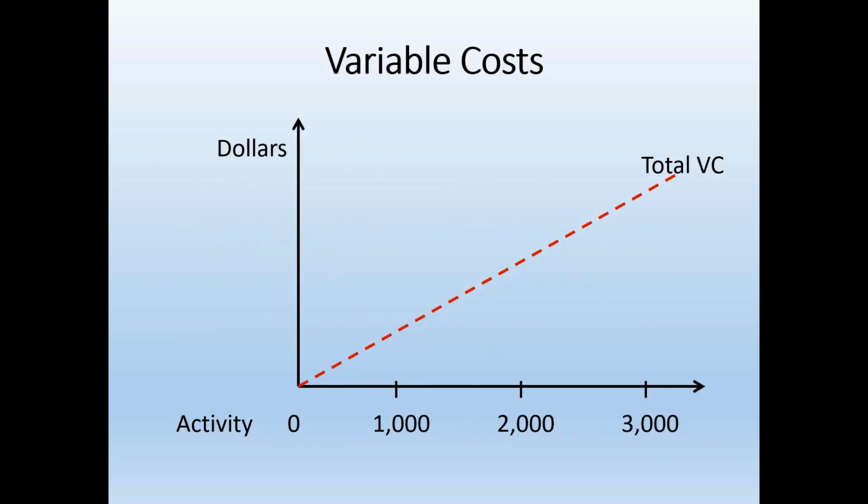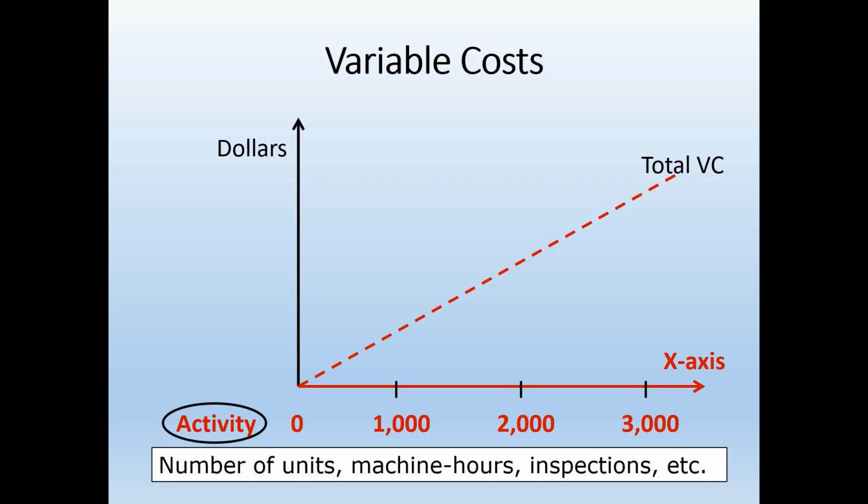Here's a graph of total variable costs at different levels of activity. The x-axis is always some measure of activity. It could be the number of units, or the number of machine hours, or the number of inspections, or any other activity measure that the firm is considering.